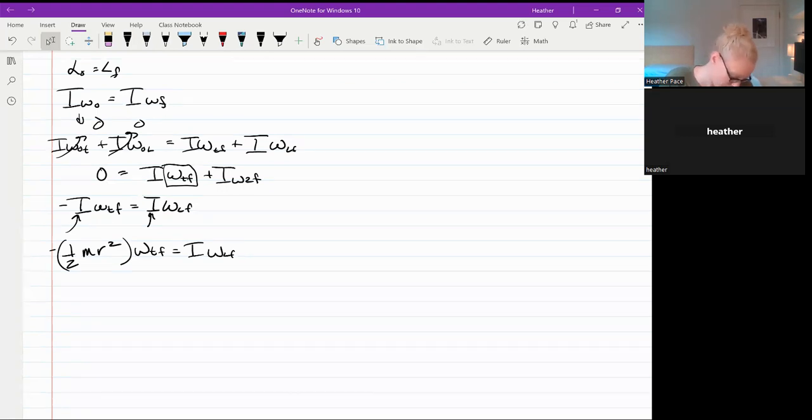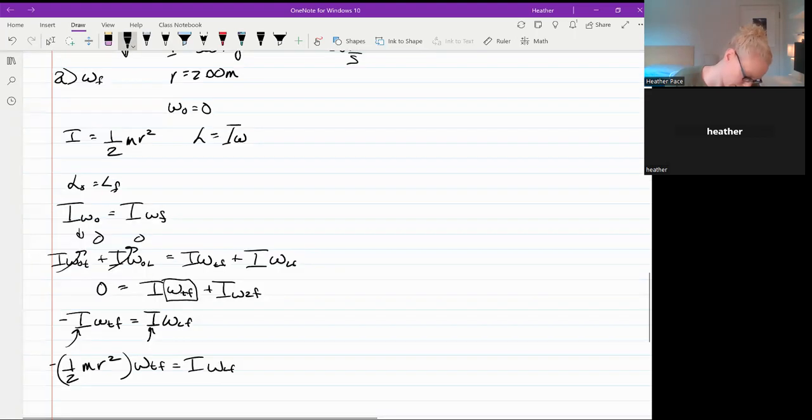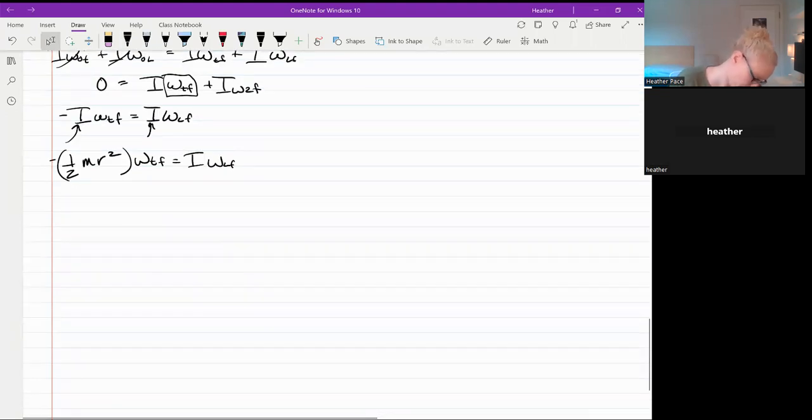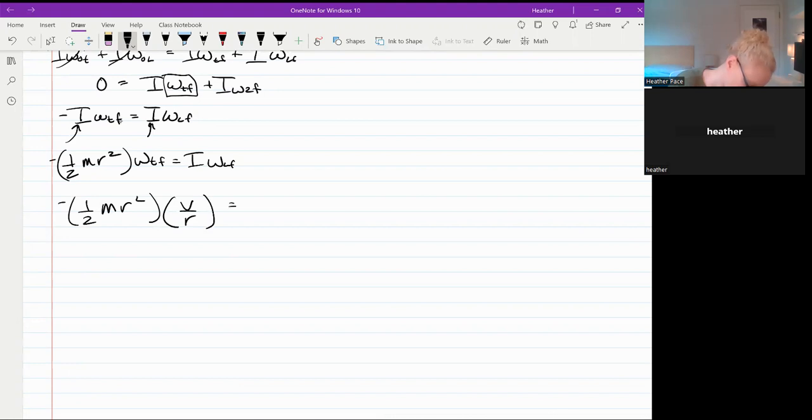Okay, so this one I missed up front. Omega equals V over R. So then we have negative 1/2 m r squared V over R equals I omega f, which is what we're looking for.